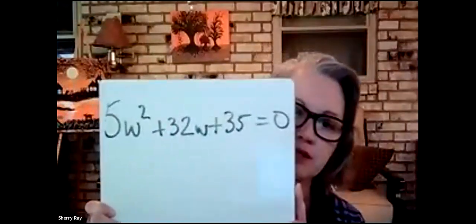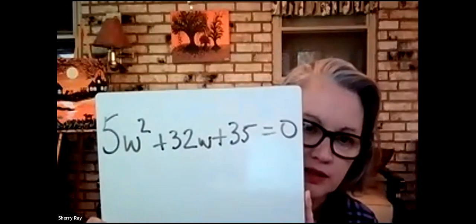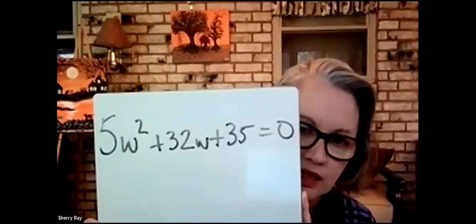Now, what I'm going to do is put this function into my calculator, and I'm going to graph this, and I already put it in my calculator here. And this is my graph.